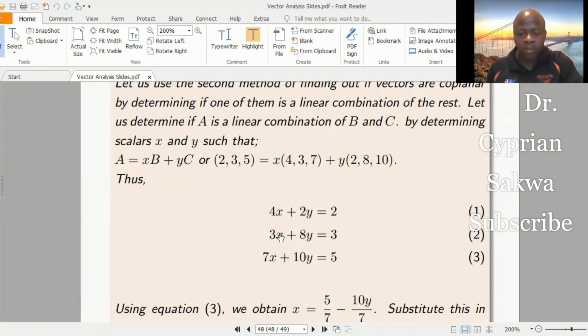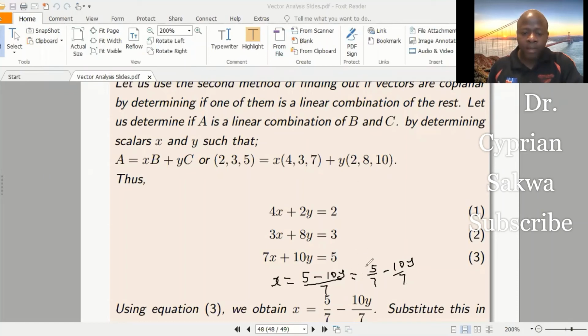There are various ways of solving for x and y if you're given a system of equations. But I'll choose the easiest of them all, where I use equation 3 to make x the subject of the formula. So x would be 5 minus 10y divided by 7, or 5 over 7 minus 10y over 7.